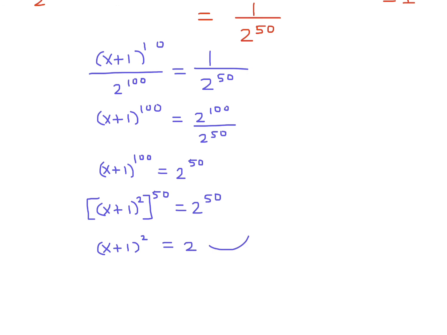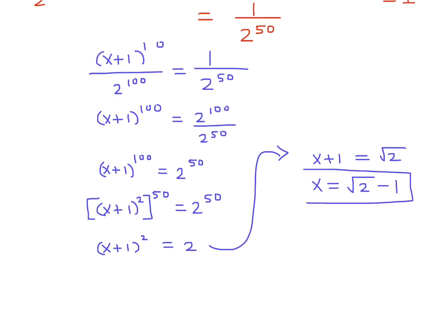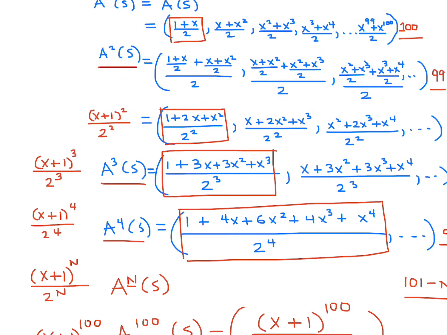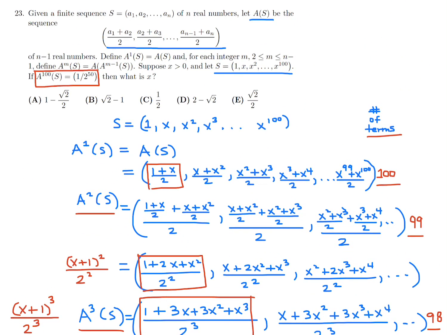And then this becomes just x plus 1 is equal to the square root of 2. Take the square root of both sides. And finally, x is equal to root 2 minus 1. There you go. Pretty cool, right? It's a good question. So x is root 2 minus 1, and therefore number 23 would be choice B.